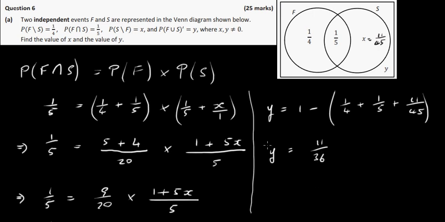So there are two answers really. We're just asked to find the value of x and the value of y. So y is 11 over 36, x is 11 over 45. So there are two answers. That's it for part A.